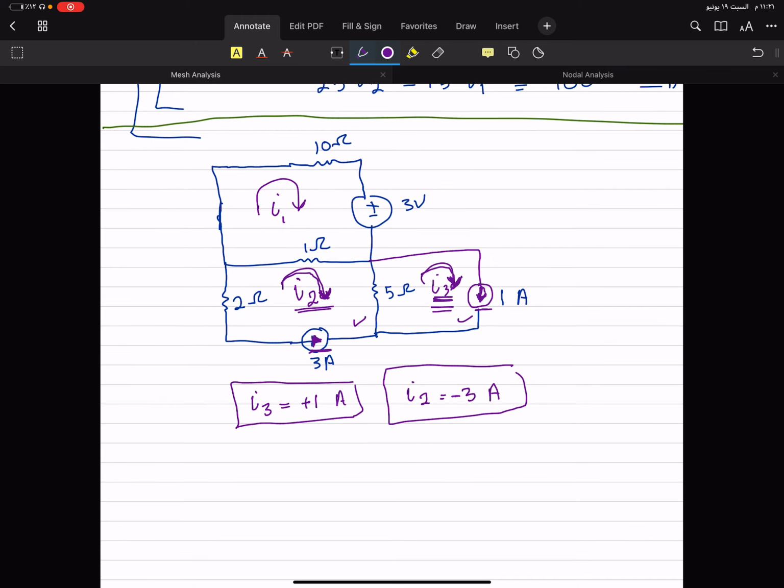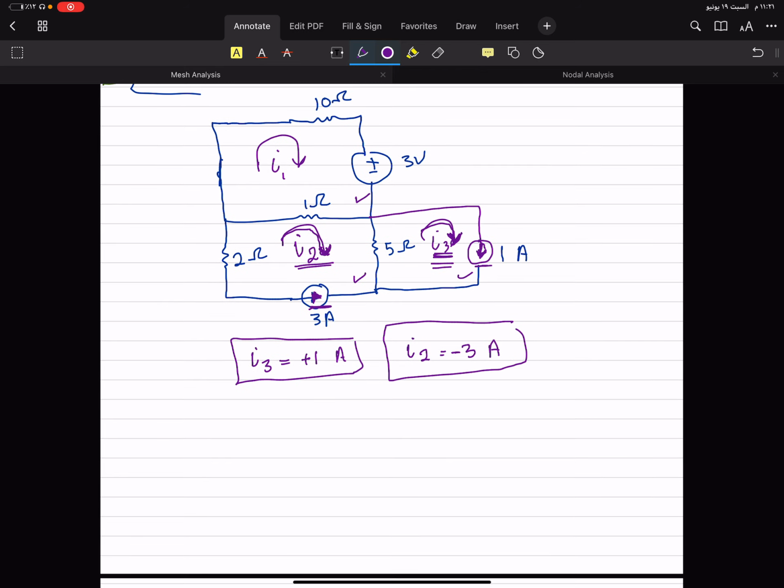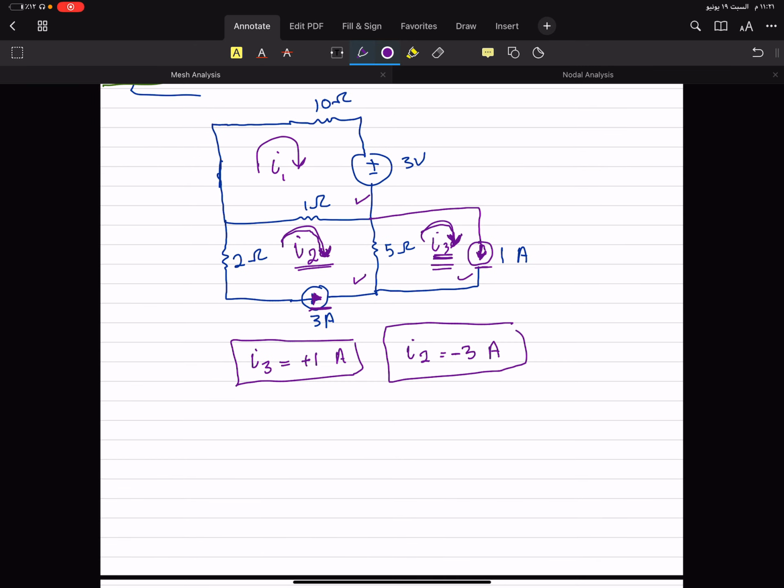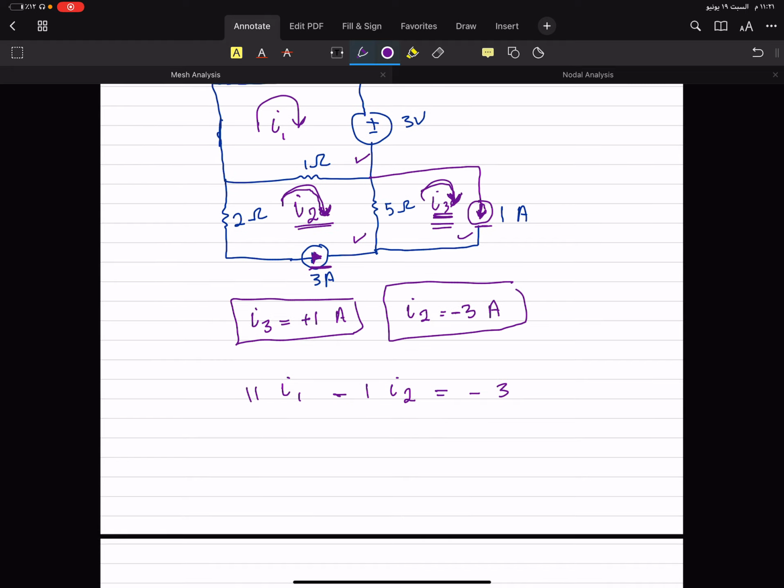So, in other words, you only have one mesh to solve. And again, using the shortcut method, sum the resistances, which will be 11 multiplied by I1, minus 1 multiplied by I2, that's equal to what? Minus 3.